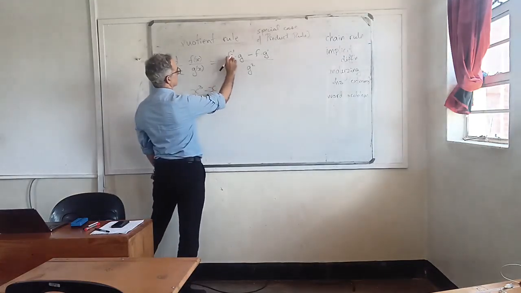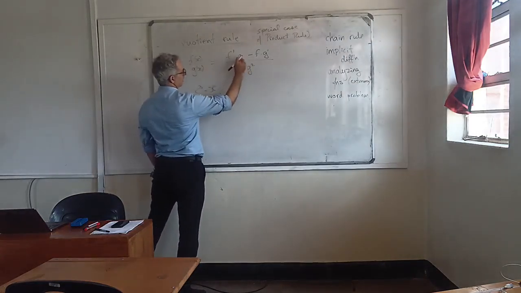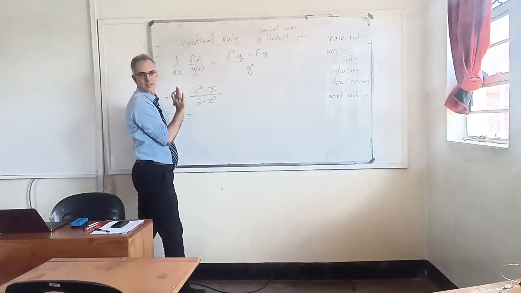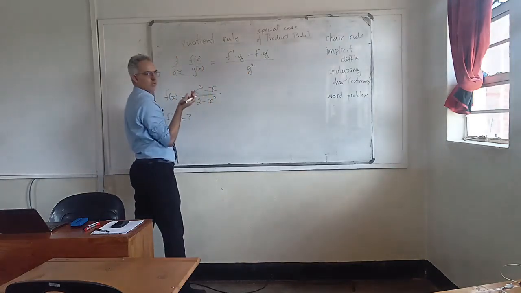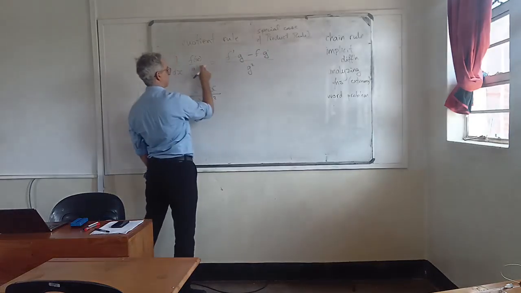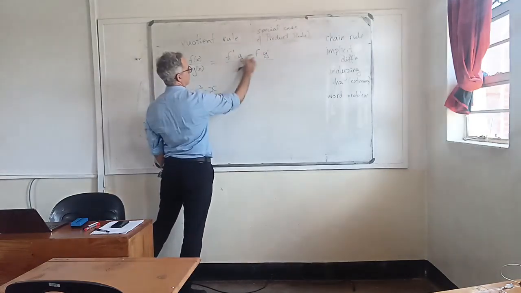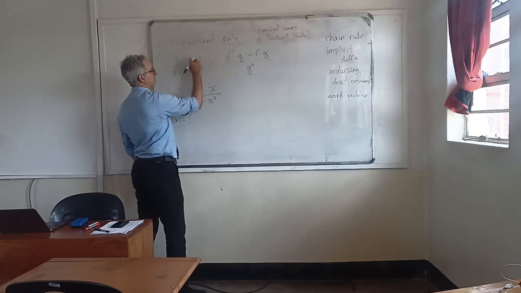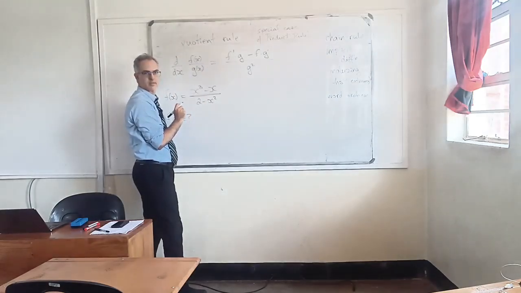So what I do, I will need the derivative of the numerator, and then the function that is in the denominator, which I already have, so that's easy. I will need the function that is in the numerator, which I will already have, that's easy. And I will need the derivative of the denominator. So in order to be able to use this, we need these two derivatives. We need the derivative of the numerator and the derivative of the denominator. So let's do that. Okay?